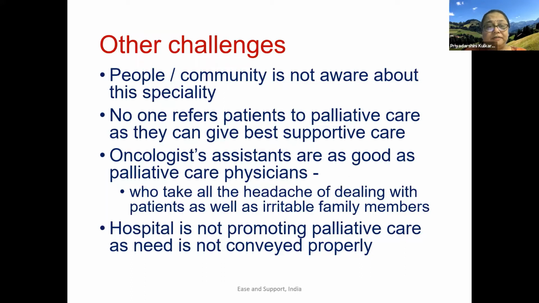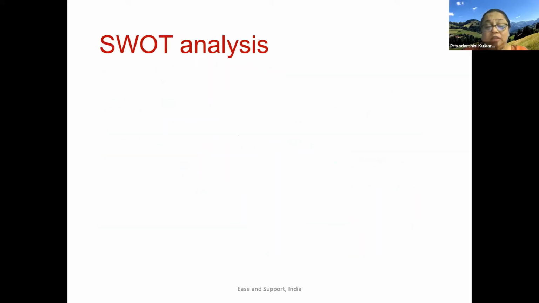Here it is different. So I thought of doing SWOT analysis. I think many of you are familiar with this SWOT analysis: strengths, weaknesses, opportunities, and threats of what we want to do, how we want to enter into private hospitals, and what are the difficulties.